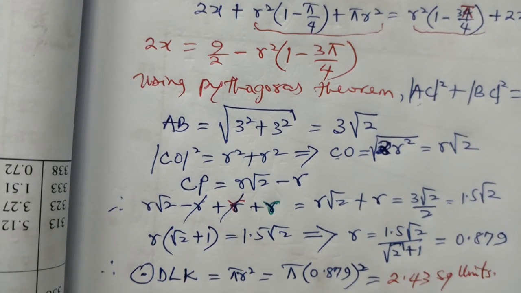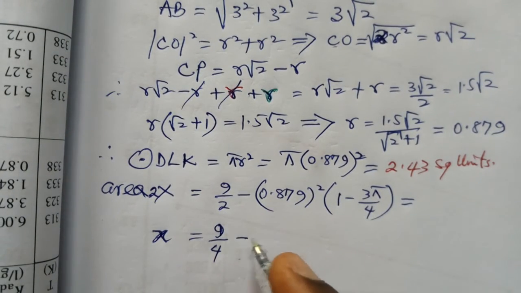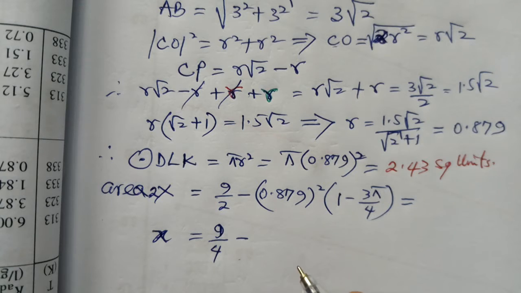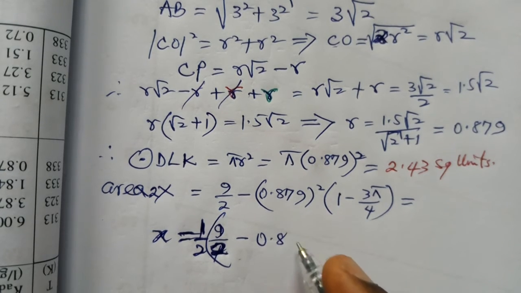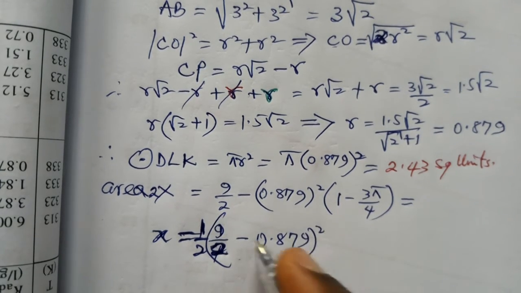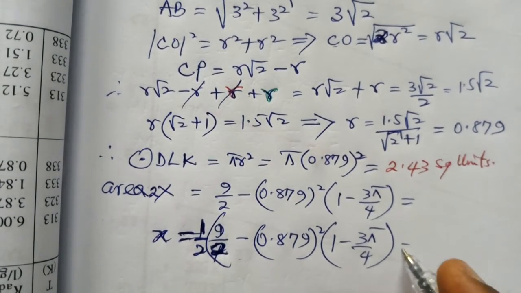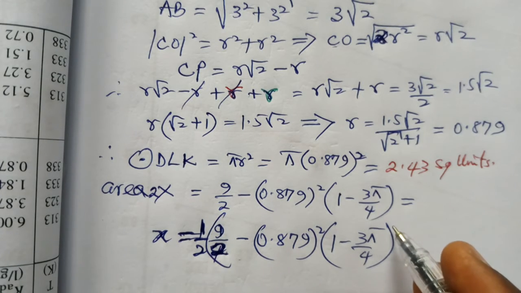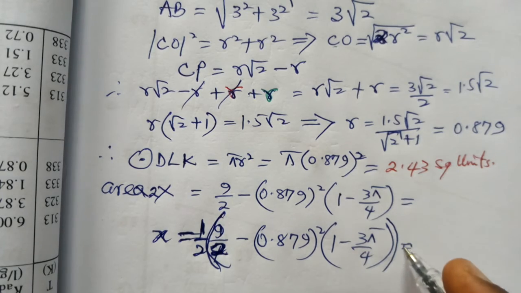X will be half of this, which is 9 over 4 minus one half of the whole thing, 0.879 squared, 1 minus 3 pi over 4. That's what you get. So you do the math and you get the answer in square units.